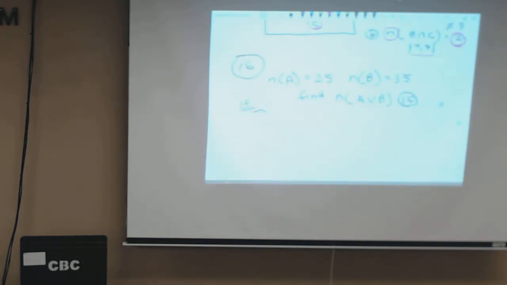Number 16. What's it say? The number of elements in A is 25. The number of elements in B is 35.